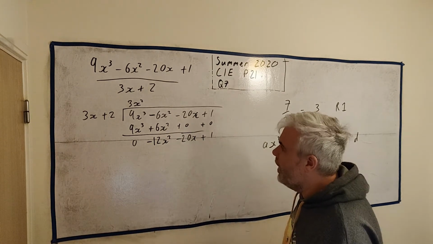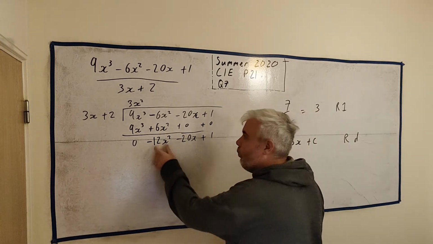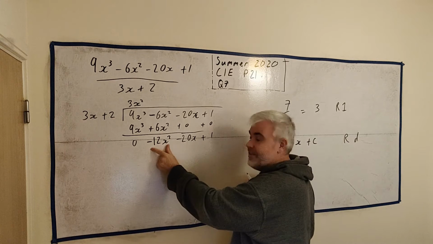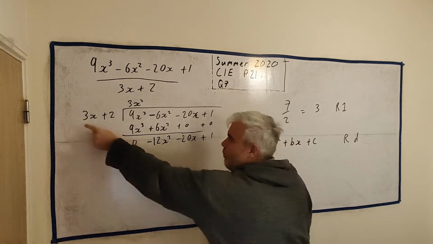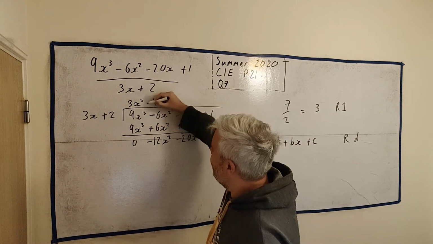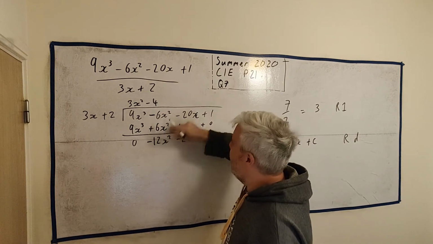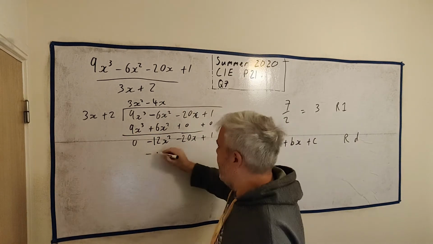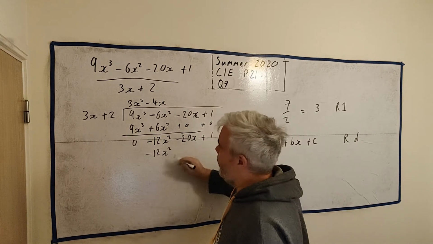Plus 1. Okay, so we think to ourselves, what would multiply by this to fit perfectly at the start of this one? Okay, so what multiplies by 3 to get 12? Must be a 4. It must need a minus to get there. And we need an extra x to get there. And again, we multiply this by the 3x, we get minus 12x squared.